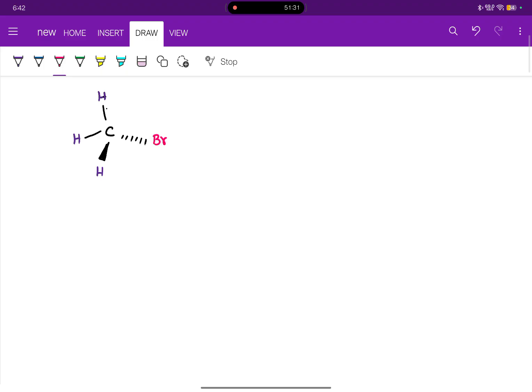Bromide is a better leaving group. Correct. So I'm going to add as usual aqueous KOH. Who's the nucleophile here? OH minus. It will come and attack from the opposite side of the bromine. Sir, so the SN2, sir. It is SN2 mechanism, of course.